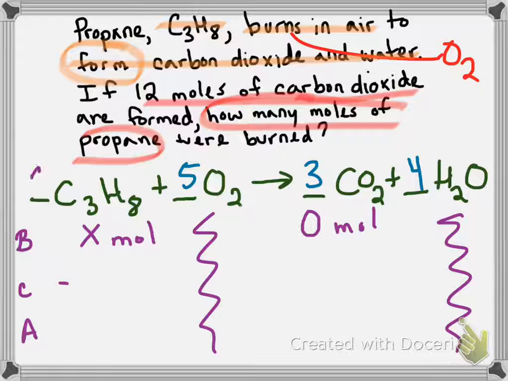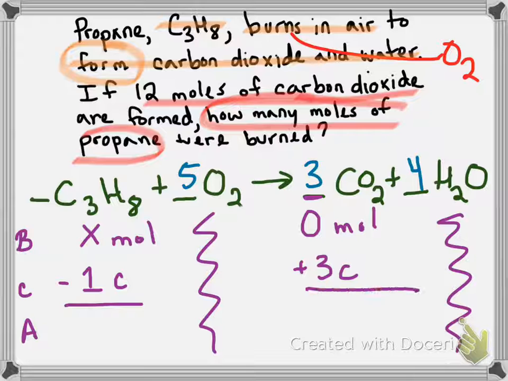Since there's only 1 mole in my mole ratio for propane, it would just be minus 1C. My product, carbon dioxide, is being formed, so it's positive, plus 3C. That comes from the coefficient.